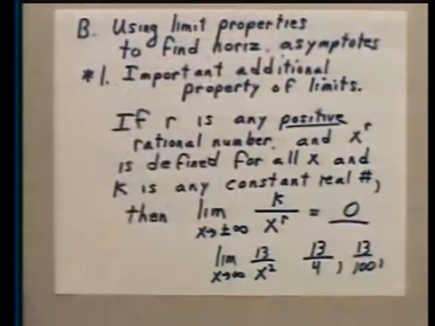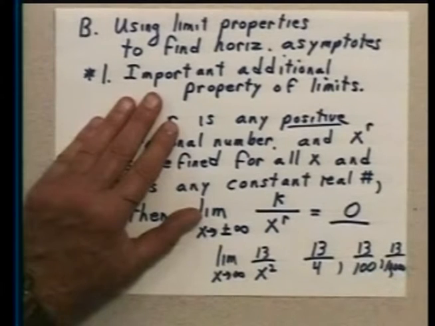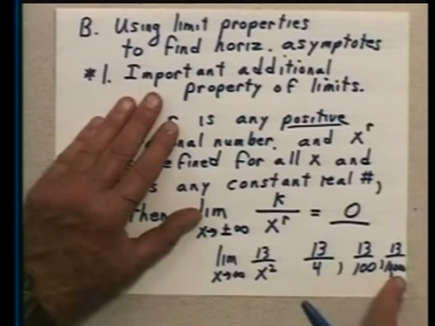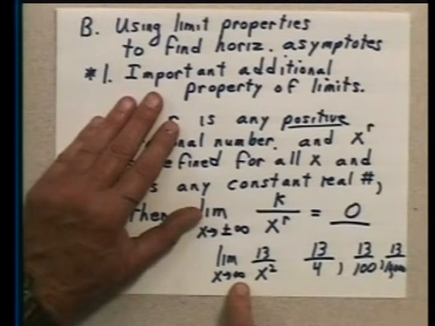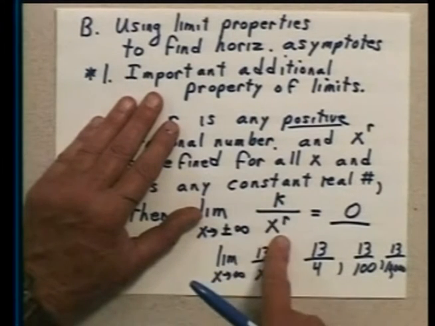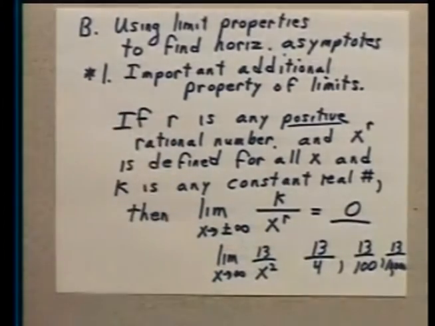If you pick x equal to 100, then you get 13 over what? 10,000? 100 times 100. What's happening to that fraction? It's getting really small, right? And I only did x equal to 100 yet, and I'm headed for infinity. So any fraction of this type under those conditions has an answer of 0, new limit property.